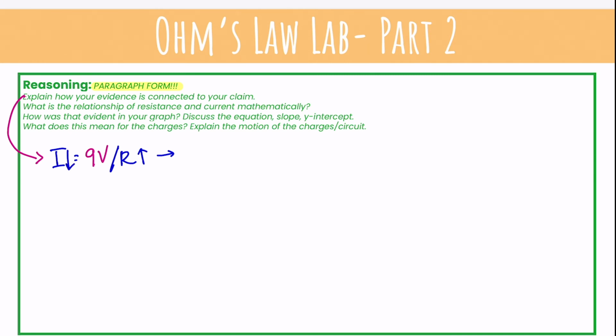So show and explain the graph and equation. Okay, why does it make sense for the resistance to increase and then the current will decrease? So why does that make sense? That's what you should say in this portion. Okay, what does it mean for the charges?